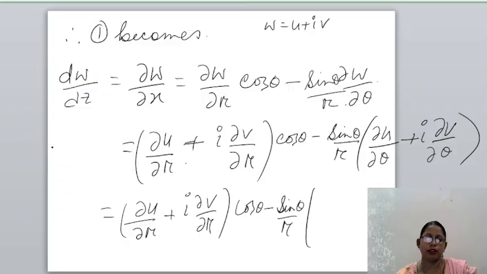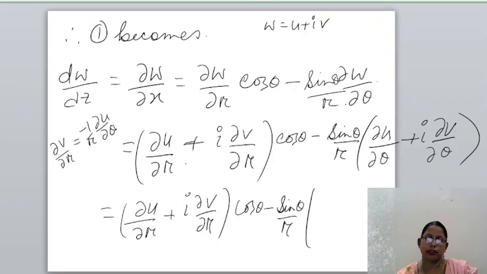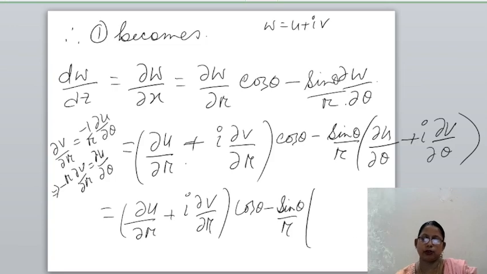Here we know that del v by del r is equal to minus 1 by r del u by del theta. This implies minus r del v by del r is equal to del u by del theta. So in place of del u by del theta, I am going to put here minus r del v by del r.